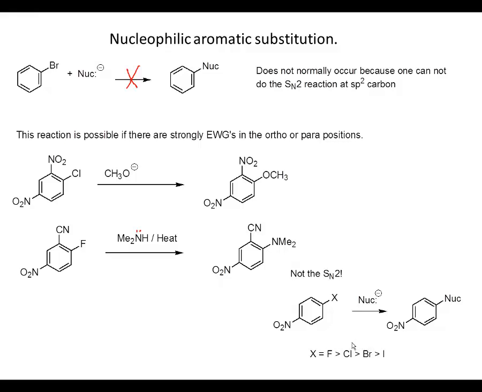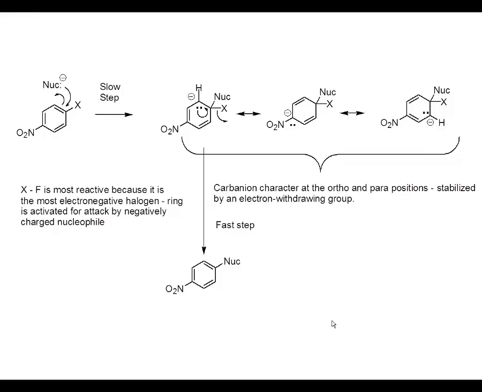Remember that all throughout this class, fluorine has not been very good at anything, right? It's been either too reactive so we don't use it, or not reactive enough so it doesn't participate in things like the SN2 and the E2 reaction very well at all. But in nucleophilic aromatic substitution, fluorine is actually the best one.